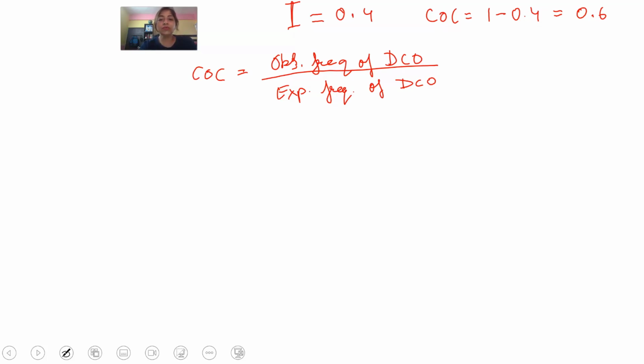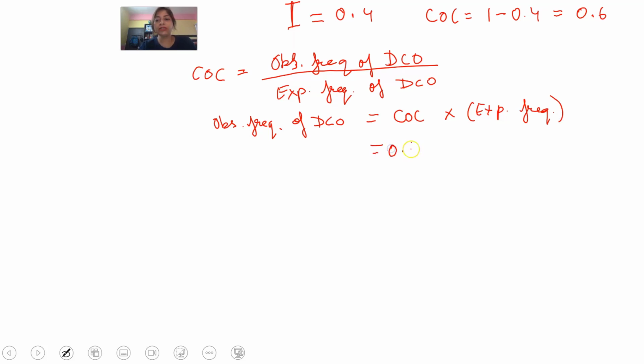So what will be the observed frequency of double crossover? The observed frequency will be the coefficient of coincidence multiplied by the expected frequency of double crossover. Now the coefficient of coincidence we know is 0.6.